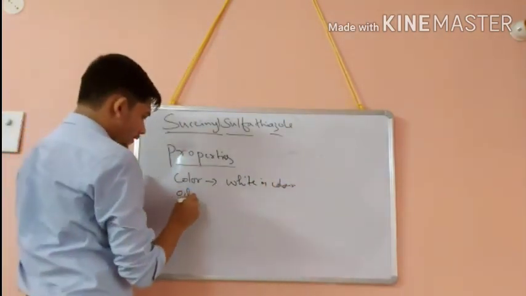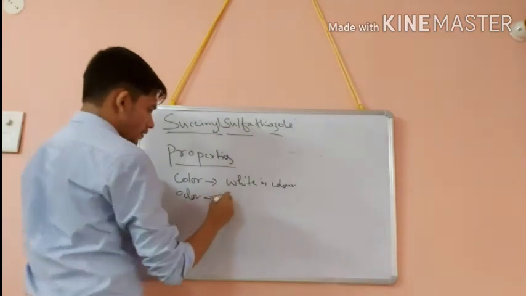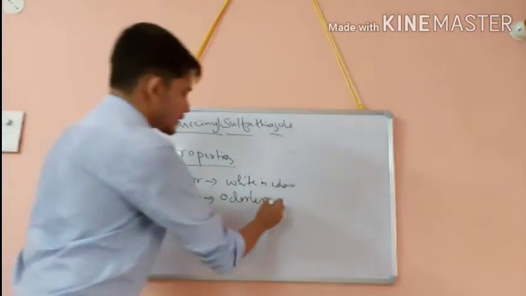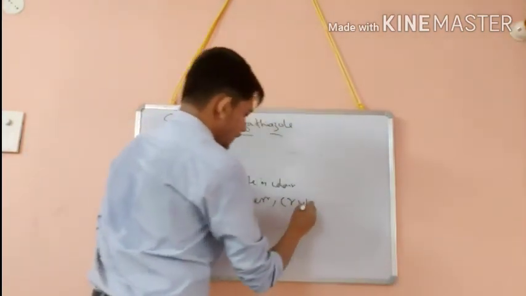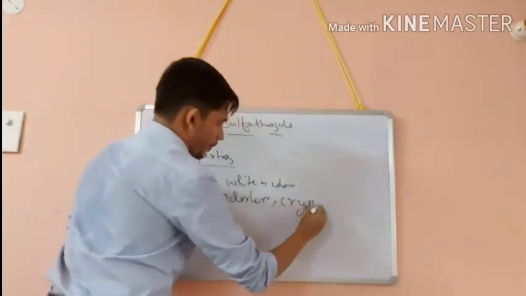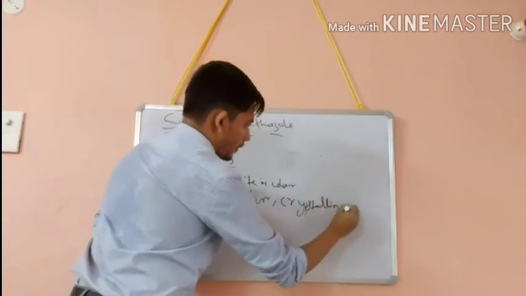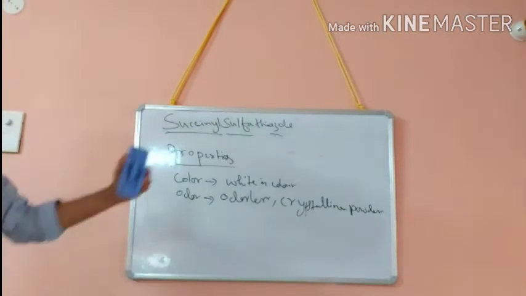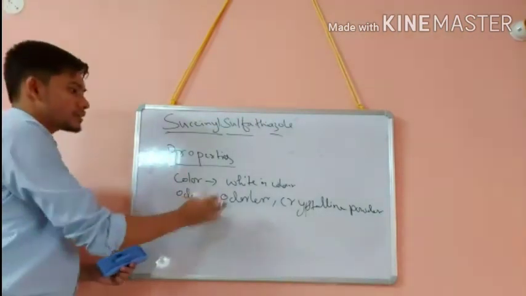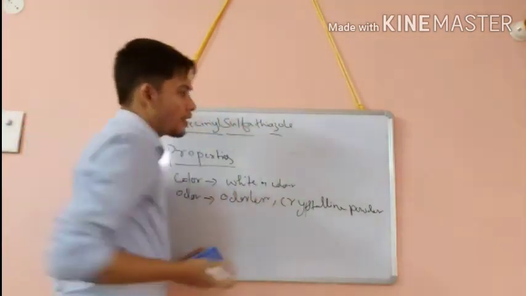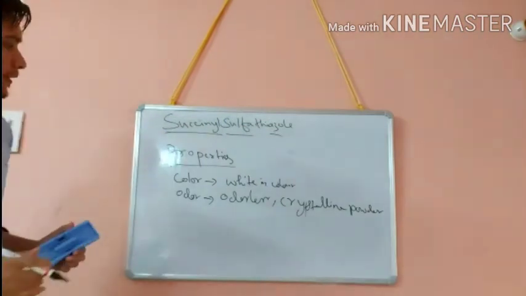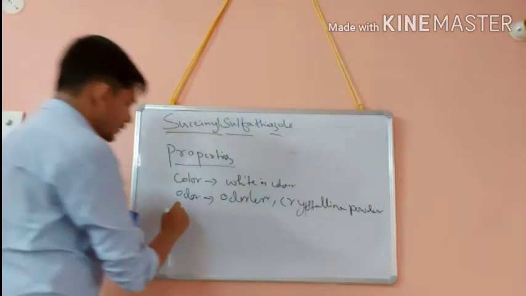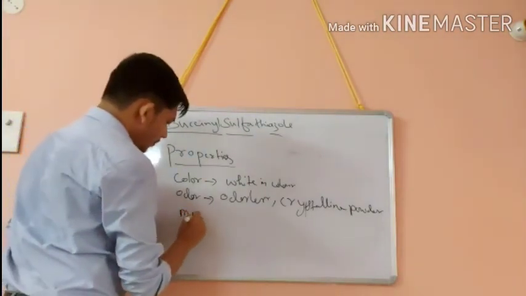Next, odor, it is odorless, okay. Then it is also crystalline powder, so it is white in color, odorless and crystalline powder, okay. So color, odor, then we'll go for melting point.